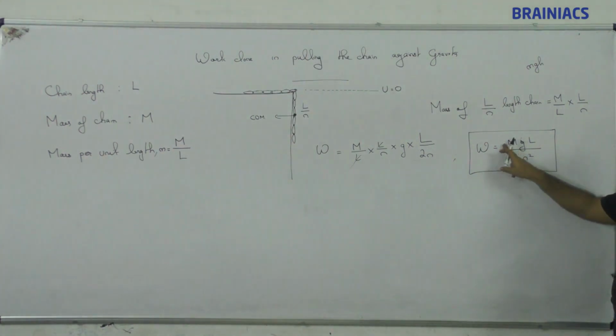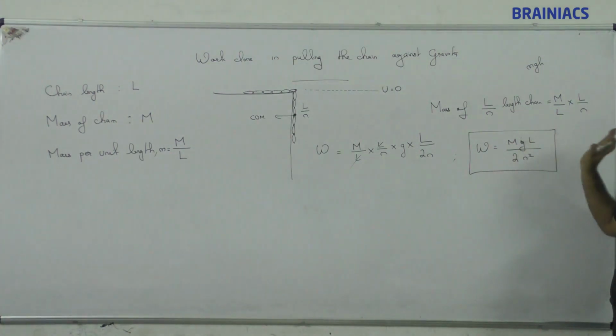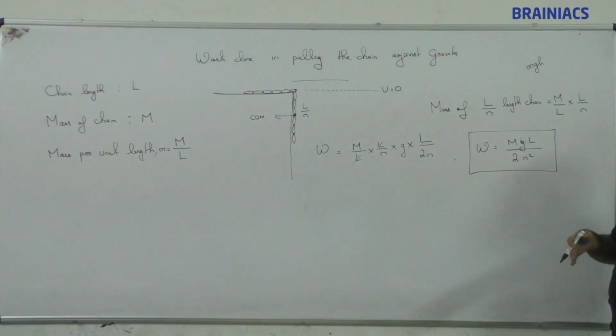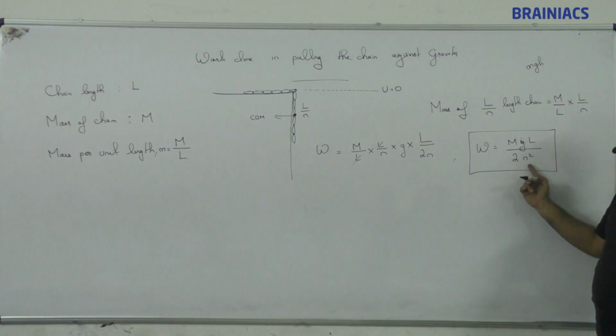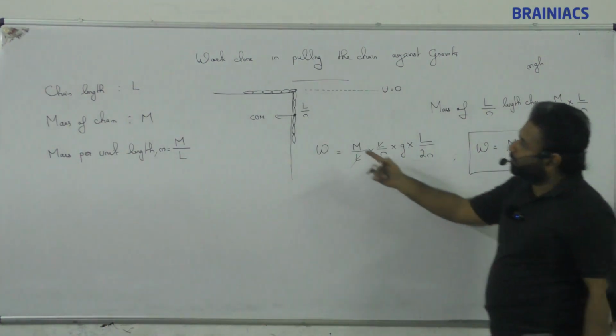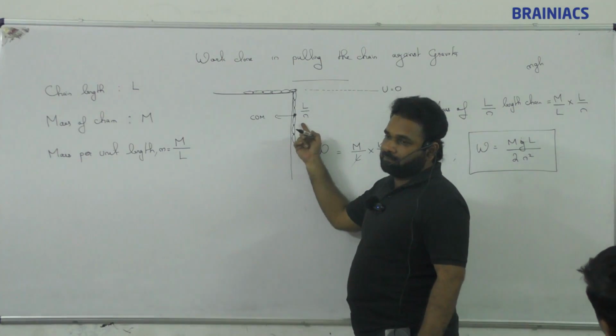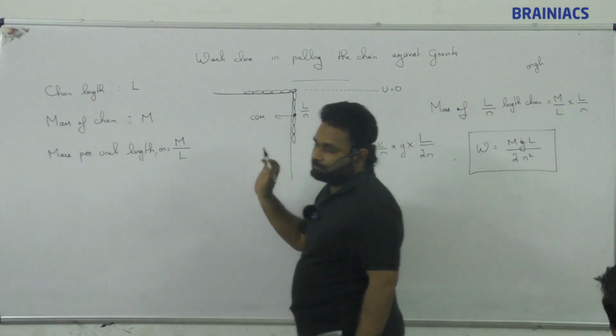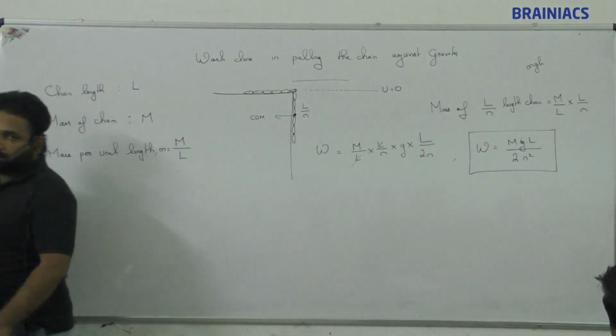M is the total mass of the chain, L is the total length of the chain. If half of the length is hanging out, 2 will come here. If 3 by 4 is hanging out, then 4 by 3 you will have to put here, because I have taken L by N. Clear or what? Done.